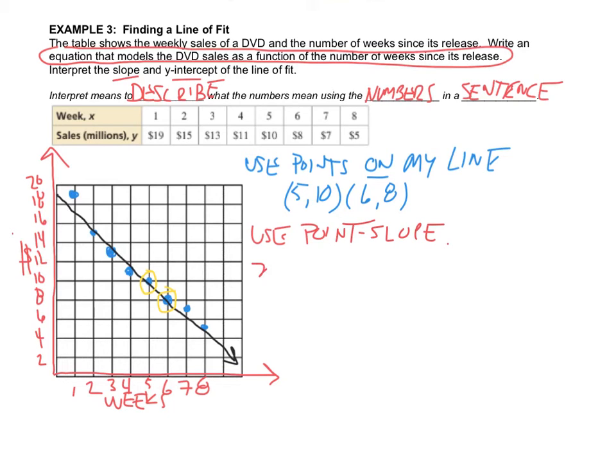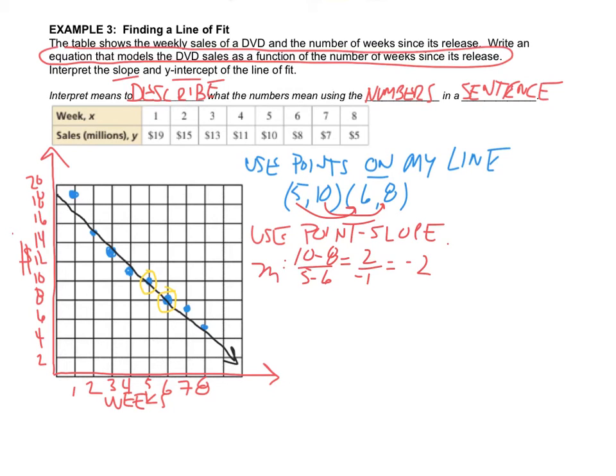So for my m, I'm going to do 10 minus 8 for my numerator, and 5 minus 6 for my denominator, and I'm going to get 2 over -1, or a -2 slope.